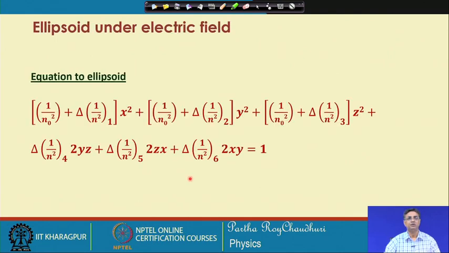Now, in presence of the electric field, the off-diagonal elements are also appearing, and the cross terms are also appearing, because all the 6 components in general may be affected. We will see specifically which components are actually affected depending on the orientation and the property of the crystal.